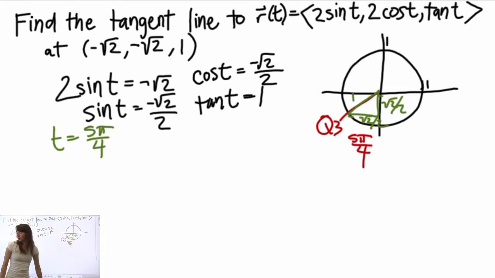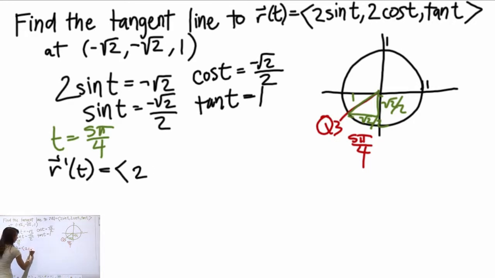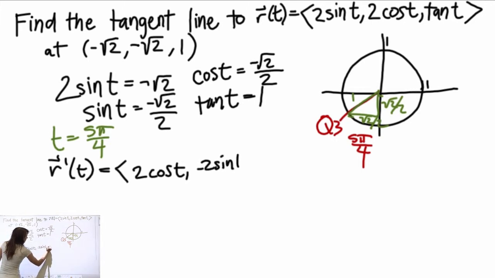So now what we do is we take a derivative of our r of t. So r prime of t is equal to 2 cosine of t, negative 2 sine of t, and secant squared of t.